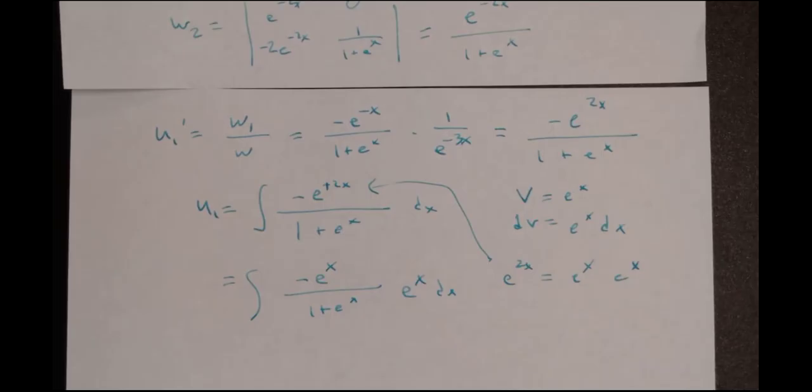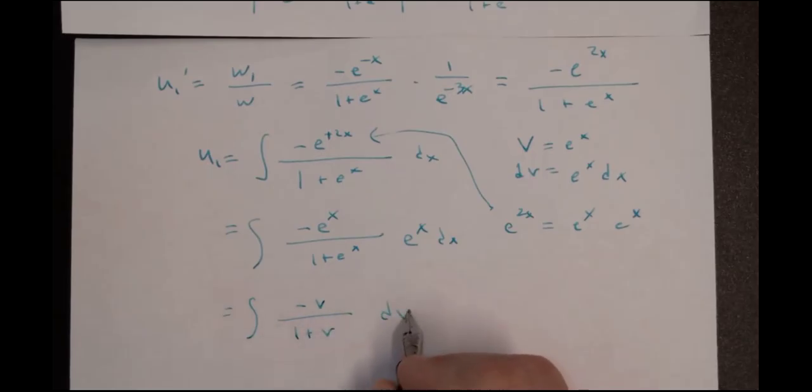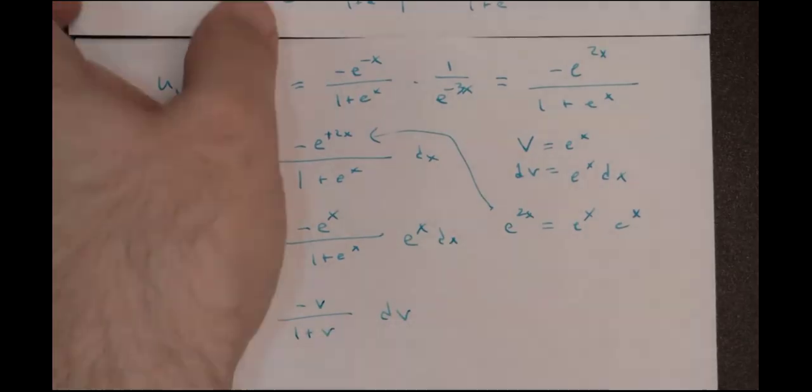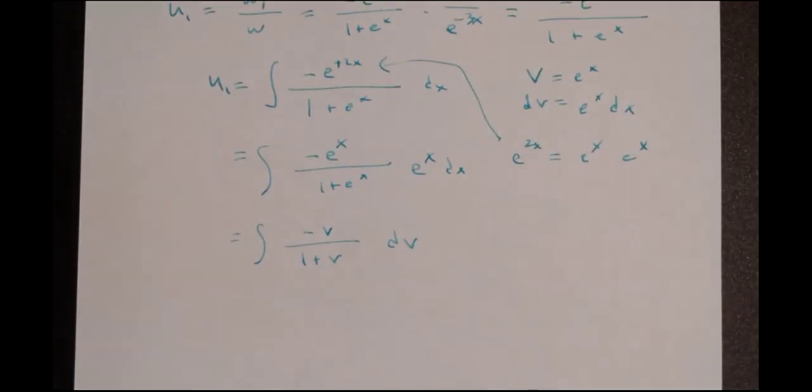And now this becomes the integral of minus v over 1 plus v dv. I know how to do that one. Really, I do. I'm going to add 0 on the top.